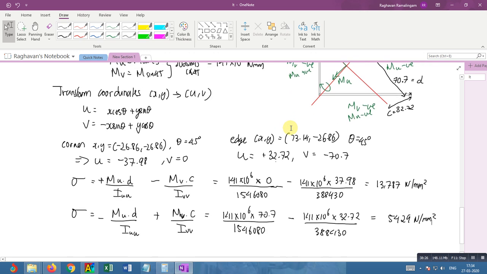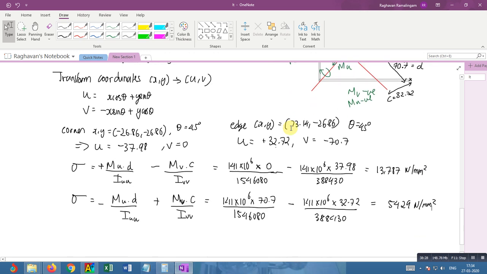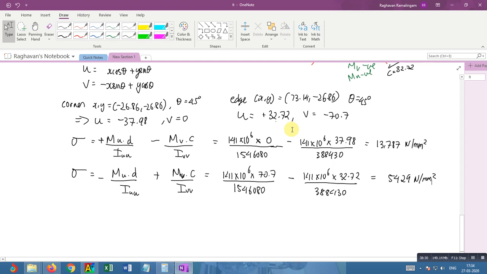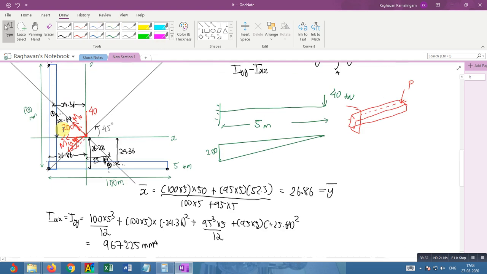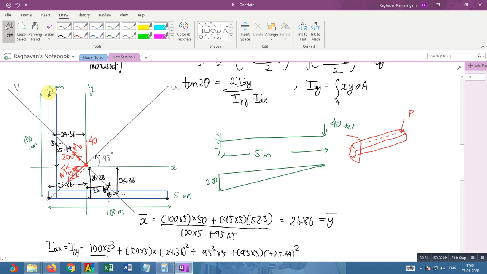This is what comes, and therefore you can imagine that it's a symmetric section, and this point is the equivalent point of the earlier one, except that it is on the other part.